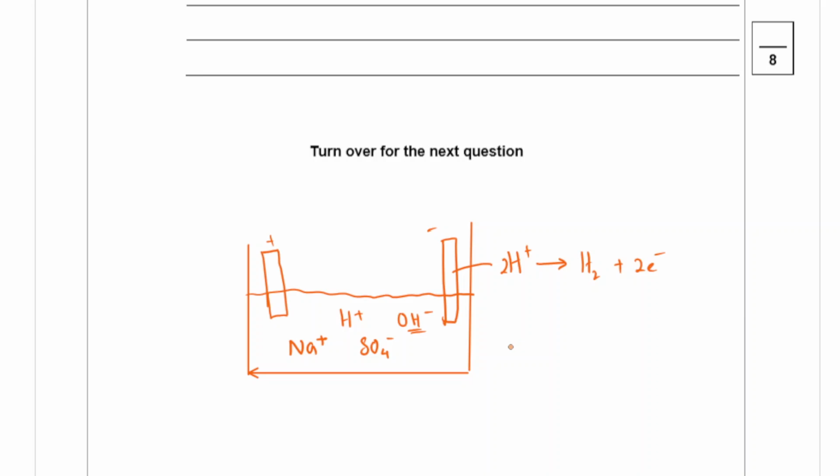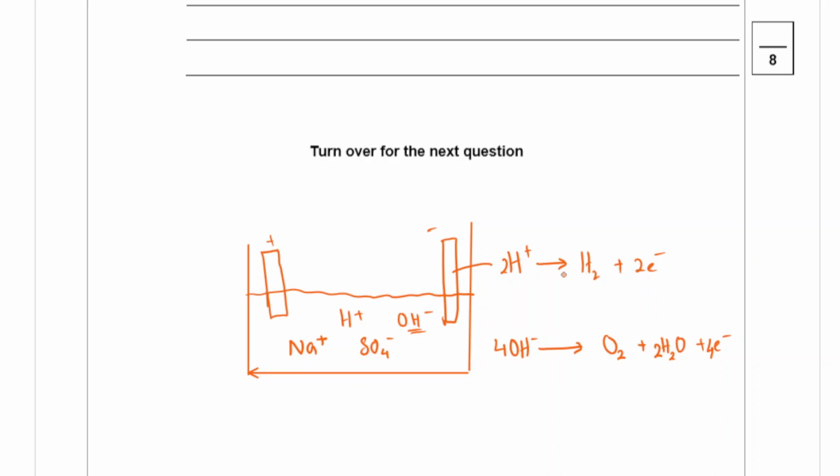So what happens is OH minus ions, at the positive electrode, will form oxygen plus water plus electrons. Right now this has to be balanced. So it's 4OH minus giving oxygen, 2 water molecules and 4 electrons.